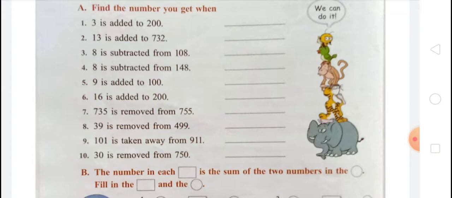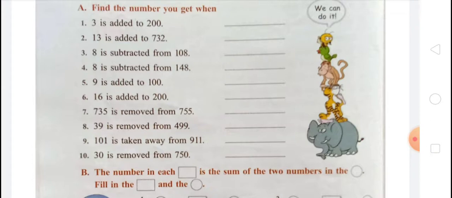Question number 6, 16 is added to 200. So 200 plus 16 equals 216. Question number 7, 735 is removed from 755, means you have to subtract 735 from 755. That is 20. Question number 8, 39 is removed from 499.